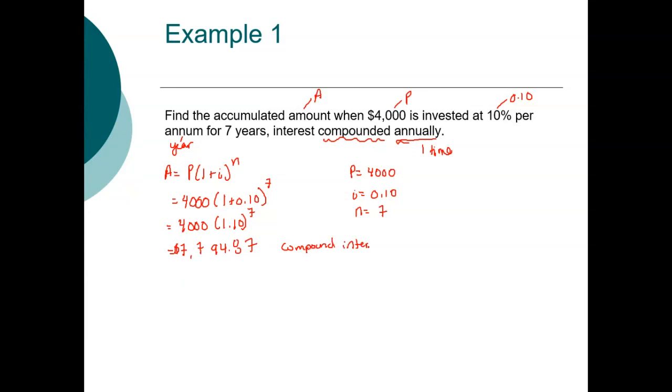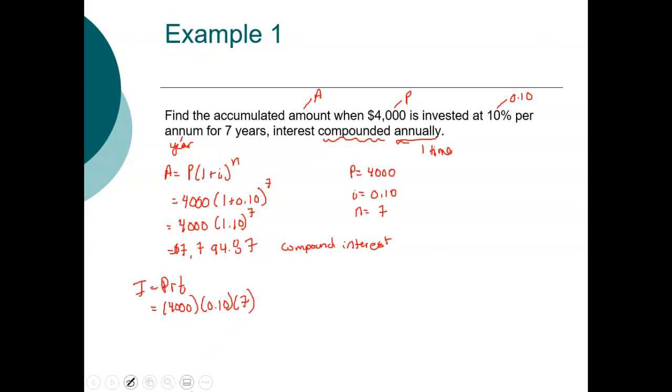Now, you might also wonder, what if I had simple interest? If I had P times R times T, what would that look like? We know that I is equal to P times R times T for simple interest. So my principal amount was 4,000, my rate is 0.10, and my time is 7.